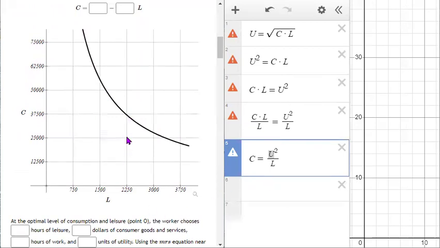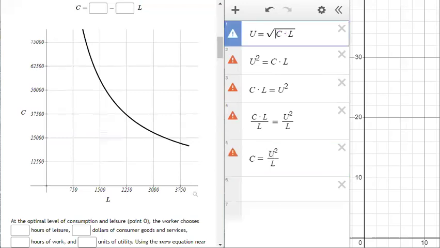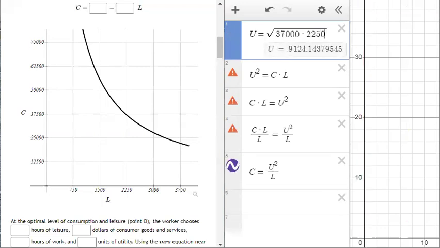So what is the utility level here? Consumption is about 37,000 and leisure is 2250. So if leisure is 2250 and consumption is about 37,500, then the utility on this curve is somewhere around 9,100, right?